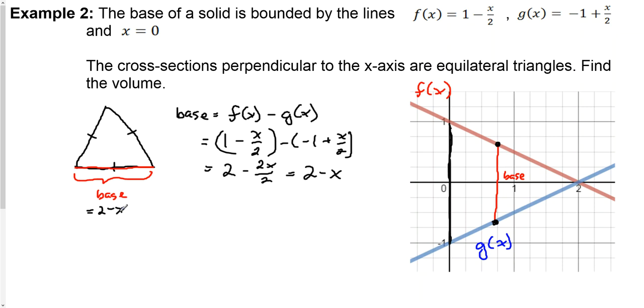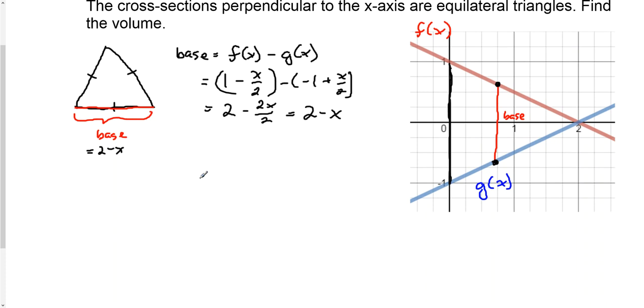Now, what we need is an expression here for the area of this equilateral triangle. So our area, we know, is 1/2 base times height. This is an equilateral triangle here, so we can maybe divide this in half. We know that this angle down in here is 60 degrees.